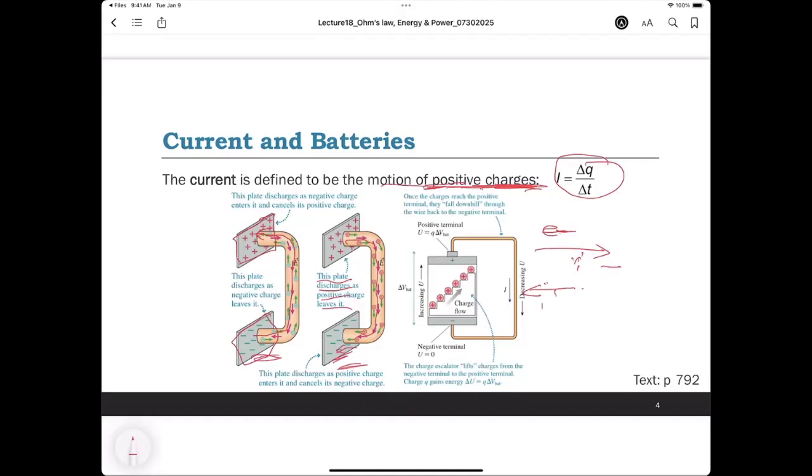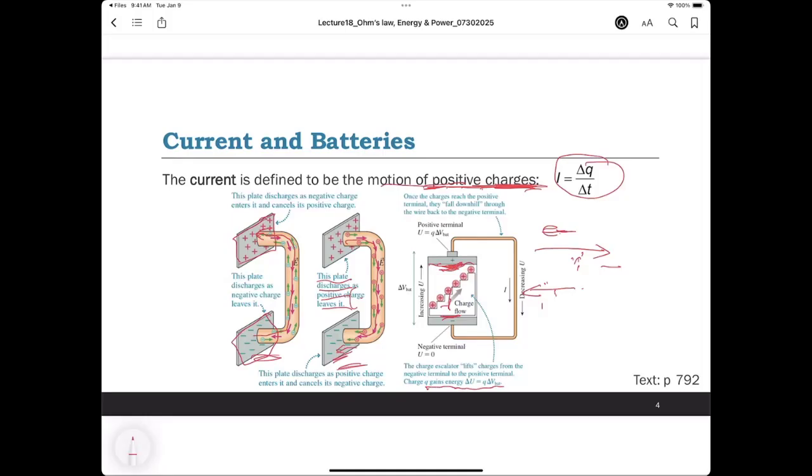For the battery, it is different from the capacitor because there is no plate here. For the battery, the charge escalator lifts charges from the negative terminal to the positive terminal, and the charge Q can gain energy. We talked about this in last class.